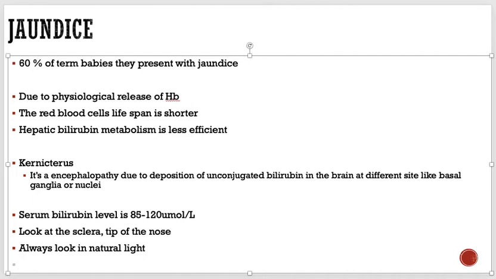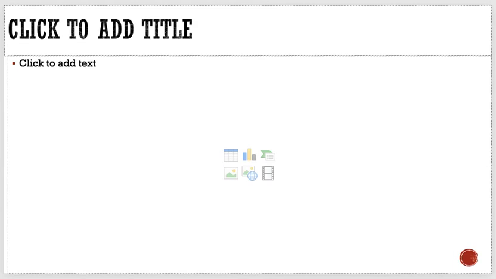That's why, when babies have jaundice, we check if they are dehydrated and try to hydrate them, and if they have acidosis we treat it, because these conditions can aggravate the jaundice.